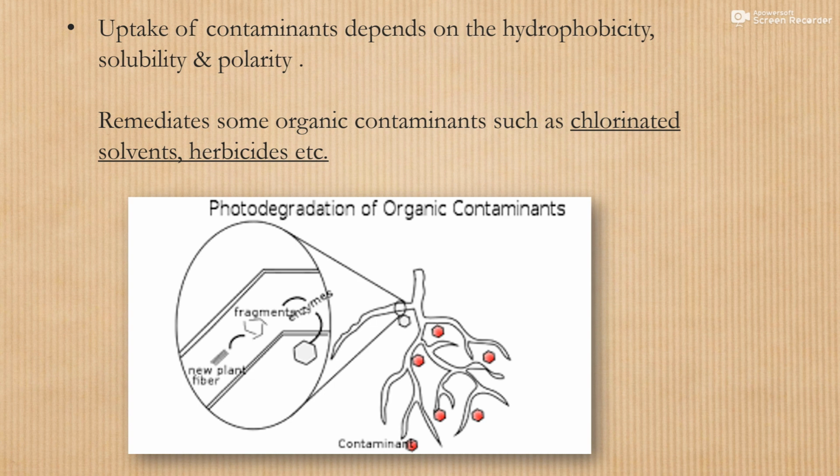And this remedies some organic contaminants like chlorinated solvents, herbicides, etc. For example, if the growing matrix is polluted with herbicides, through phytodegradation the plants absorb this herbicide through the root, and in the root there is a specialized enzyme which helps in the breakdown of these herbicides into small fragments, and they are degraded in them. So this is how phytodegradation takes place.